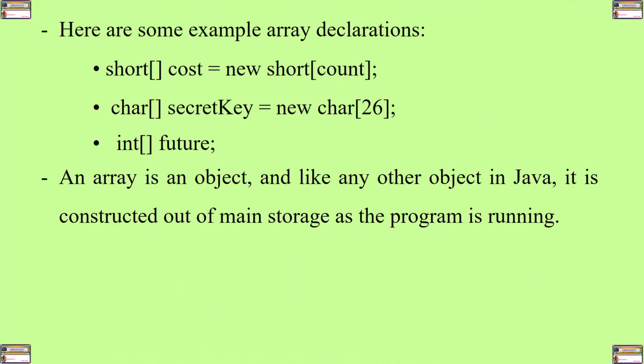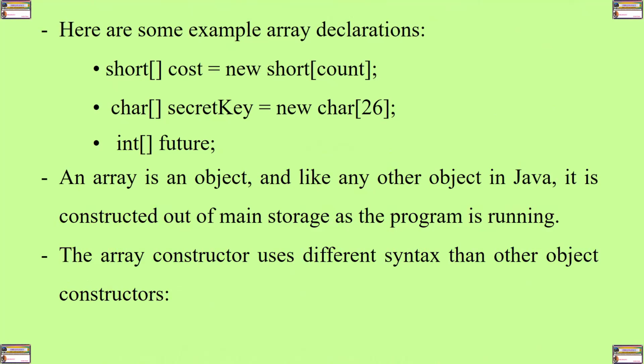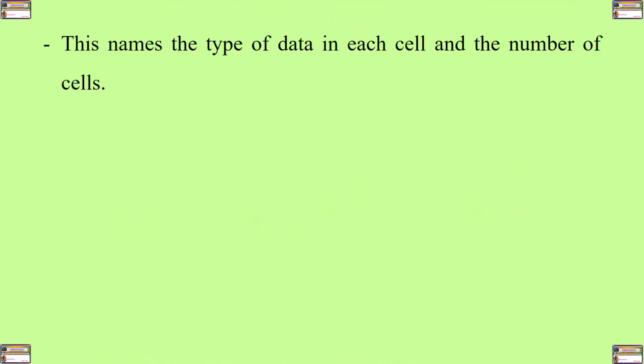So an array is an object. And like any other object in Java, it is constructed out of main storage as the program is running. The array constructor uses different syntax than other object constructors. For example, we have new type of that length.